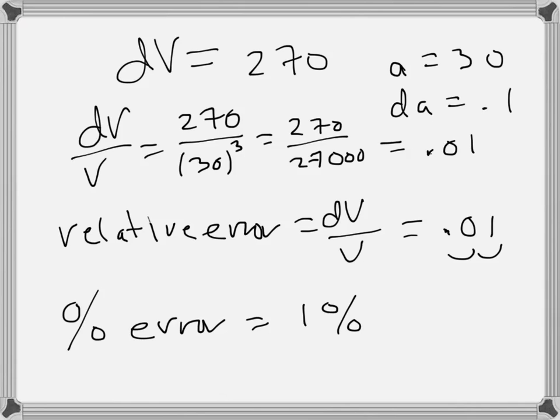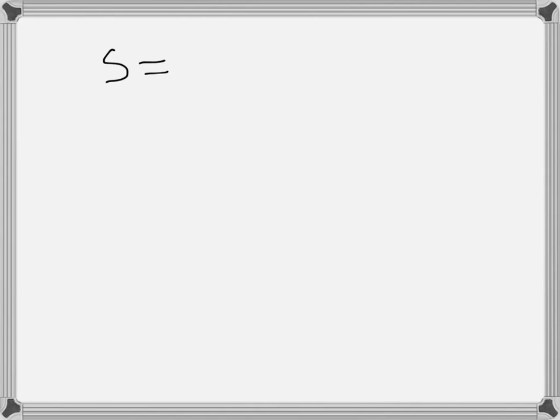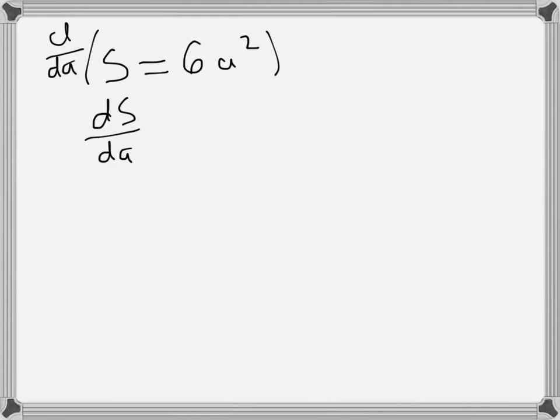Okay, so now I can do the same thing with surface area. So I'll call the surface area S, and each face of a cube has area A squared, and there's 6 of them, so this is 6A squared. So I take the derivative dS/dA, because I'm taking the derivative with respect to A, and I get 12A.